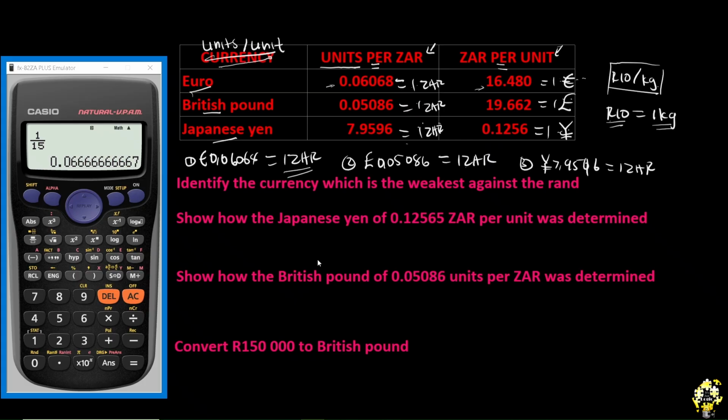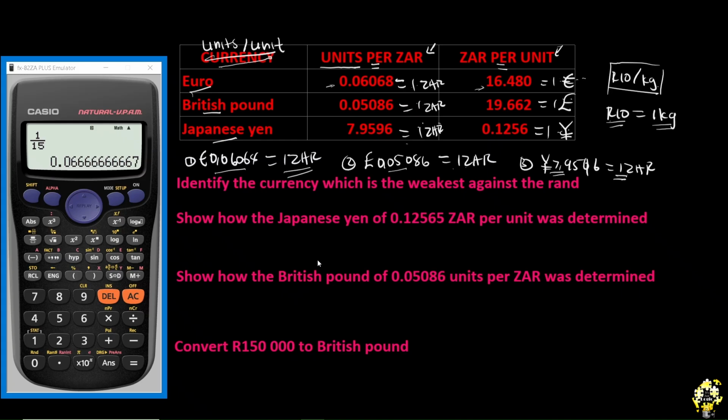But if I need 1 rand to purchase 7 Japanese yen, it tells me that actually rands are stronger than Japanese yen. So here, identify the currency which is the weakest against the rand. This is stronger against the rand. This is stronger against the rand.